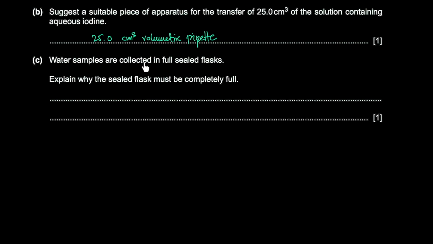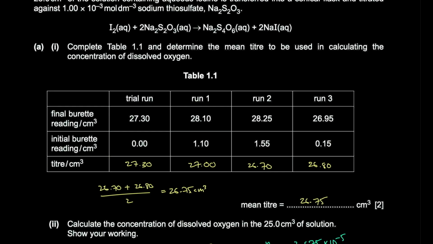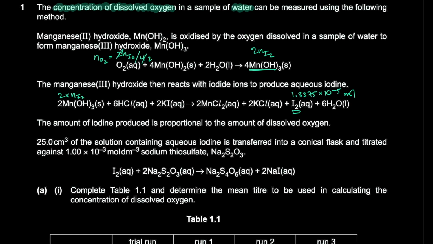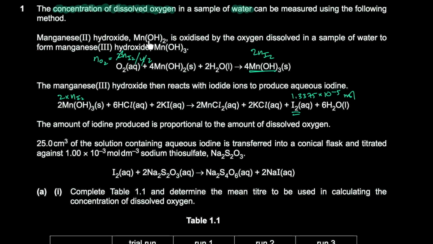Water samples are collected in full sealed flasks. Explain why the sealed flask must be completely full. Now these water samples contain manganese 2 hydroxide, and we know that manganese 2 hydroxide can react with oxygen, right? So when we do this experiment, we're using manganese 2 hydroxide to determine the amount of oxygen dissolved in the water.